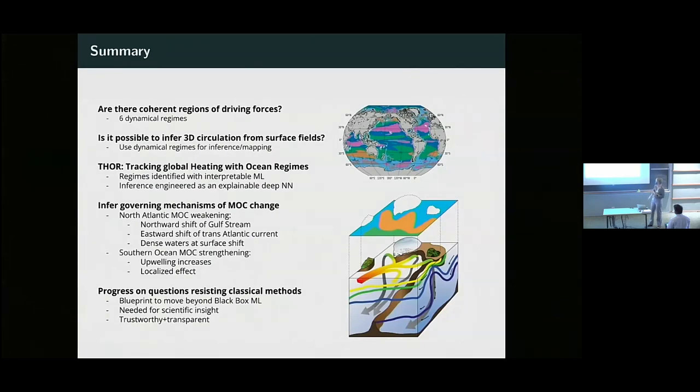And we also found that we can understand what's happening in the North Atlantic a little bit more under climate change, where the MOC, this overturning circulation, is weakening, and also where areas of overturning strengthening is happening in the Southern Ocean and how this might impact the climate.